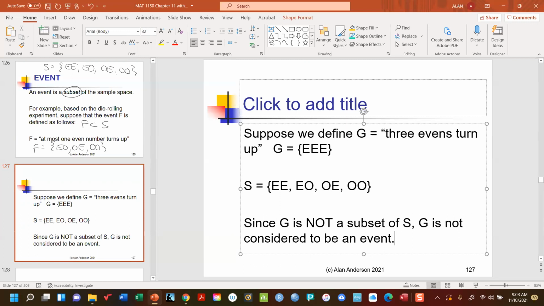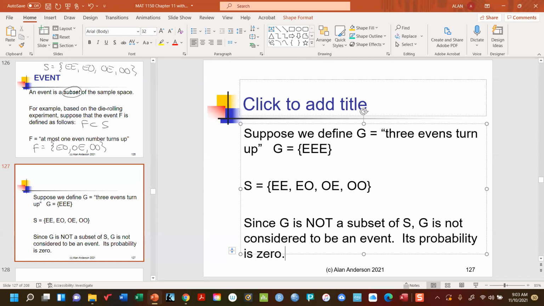Now, that being the case, we can't calculate its probability, or we can think of this as having its probability be 0. In other words, if you roll a die twice, you cannot get 3 evens. So its probability is considered to be 0. Now, if the sample space was different, if we had rolled the die 3 times, that's a different matter altogether.